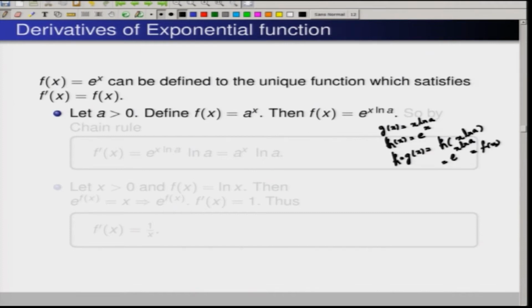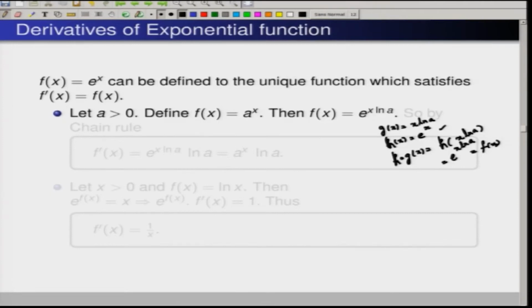So, this f can be expressed as the composition of two functions, where h we are assuming to be differentiable with derivative e to the power x, and g is nothing but a polynomial, x times ln a. So, h composed with g at x is f of x.